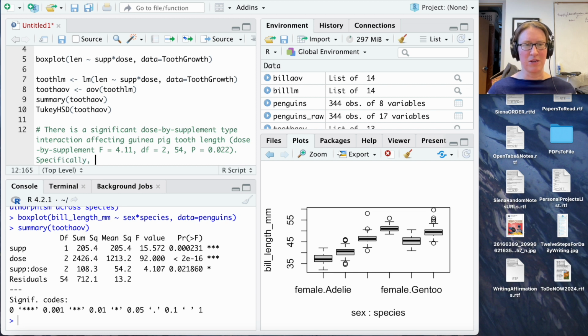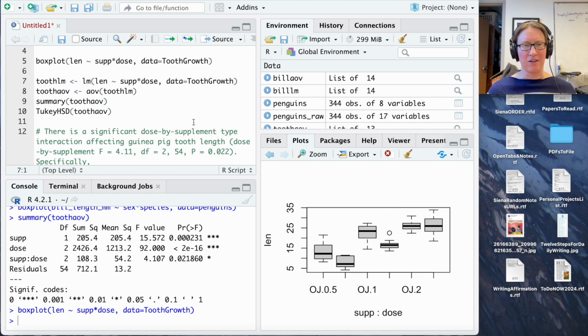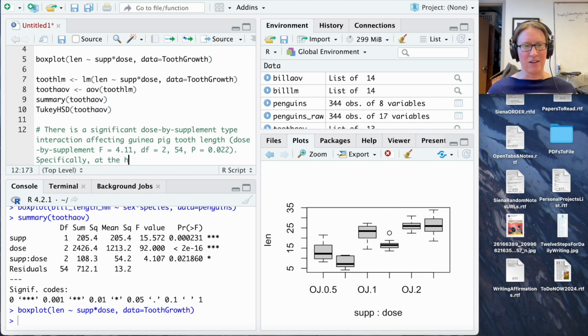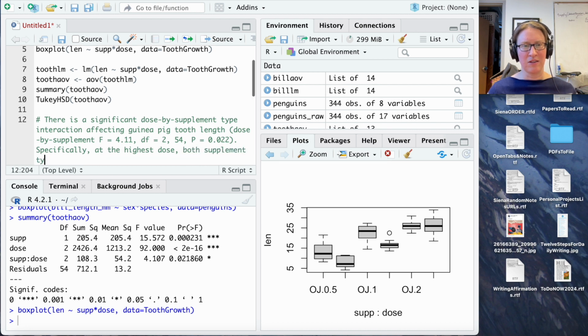And then from here, I'd want to get into, what's going on across this. So at the highest dose, both supplement types produced the longest teeth, right? And refer to whatever figure this is.